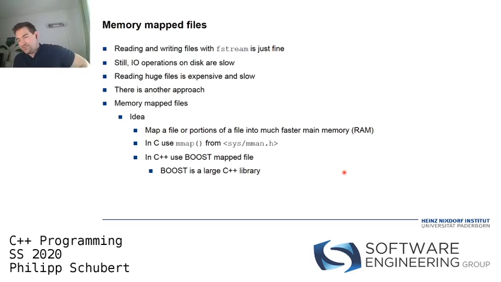For now it's good enough if you know that Boost is a large C++ library that provides functionalities of all kinds, so you also have such memory mapped functionalities. And this is useful if you have really large files.